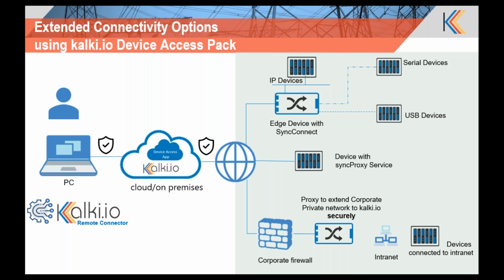The third private deployment option is that we ship the hardware and the software. The software is pre-installed on the servers, and we ship the server plus Kalki.io software as an appliance, and the user can just power up, configure and use it. So these are the three private deployment options and one public deployment option of Kalki.io.